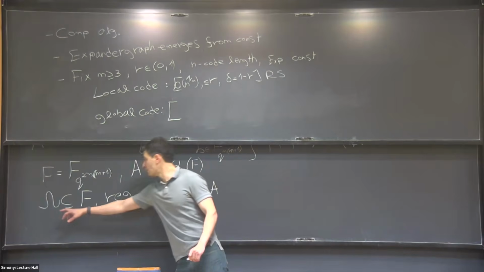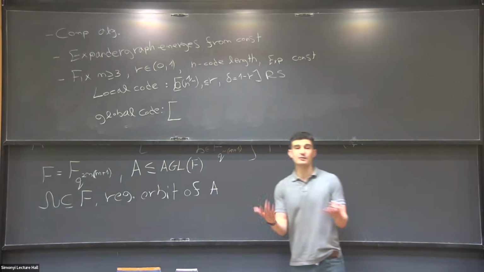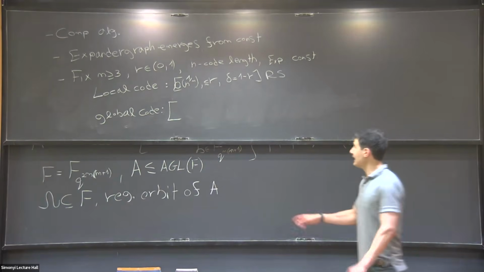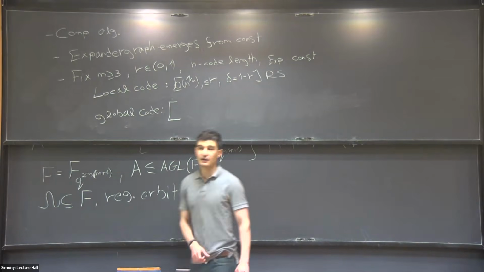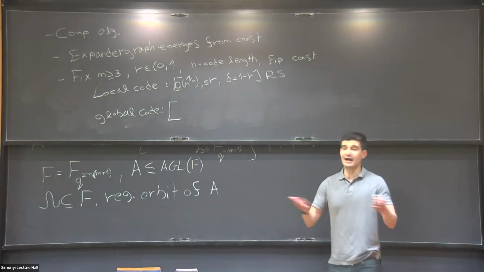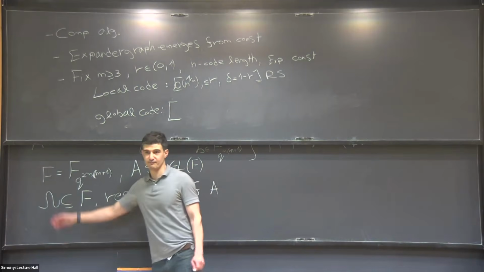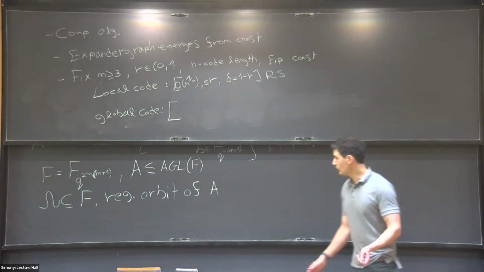So I take a regular orbit of A. What do I mean by a regular orbit? It means that the only element in A that stabilizes an element here is the identity. All other elements move all the elements of omega. Okay? That's a regular orbit.